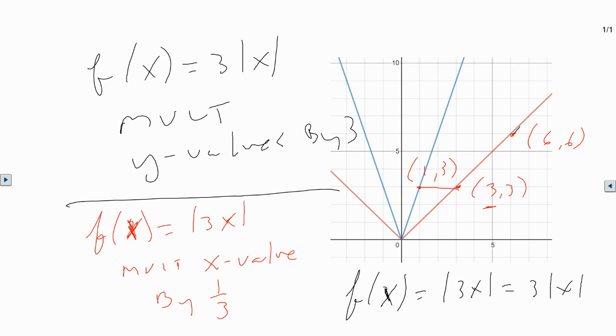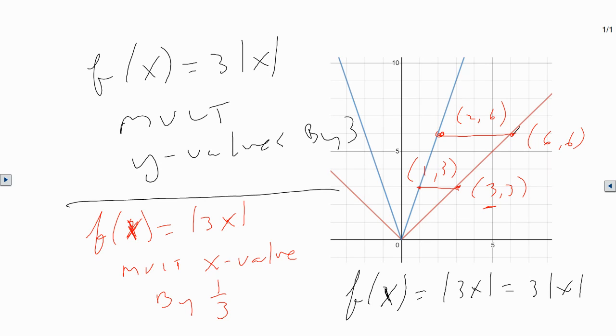I'm picking ones that are going to come out nice. (6, 6) ends up at (2, 6). So again, it's the x value that changed. 6 times 1/3 is equal to 2. And that's why horizontal dilations squeeze. If you're doing a 3x, that means that you're doing a shrink by a factor of 1/3.